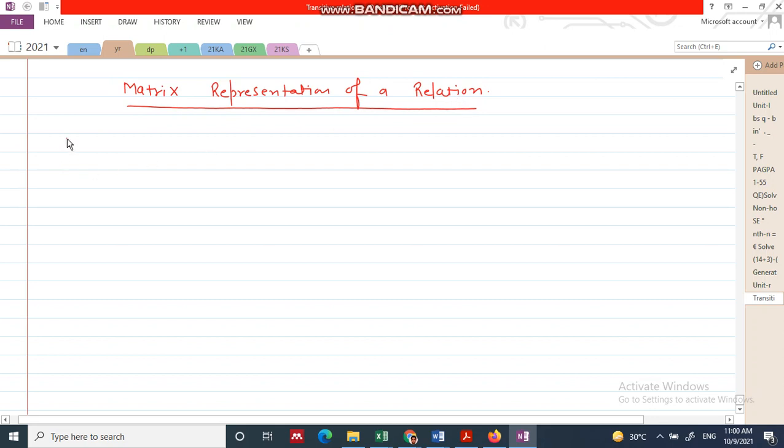Initially you are given a set {1, 2, 3}, and you are given a relation. The relation given is R1 = {(1,2), (1,3), (2,3), (3,1)}. Now we want to find the matrix representation of this R1.